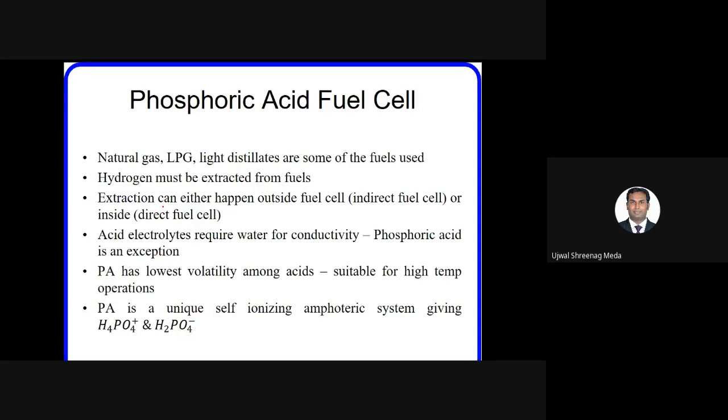And as I mentioned earlier, in general, acid electrolytes require water for conductivity, but that is not the case when it comes to phosphoric acid. It is a unique acid which has the ability to ionize by itself. So it always exists in the form of ions, which facilitate the flow of ions through the electrolyte.